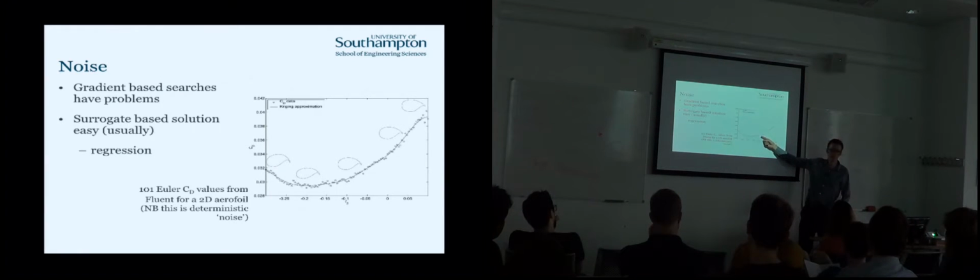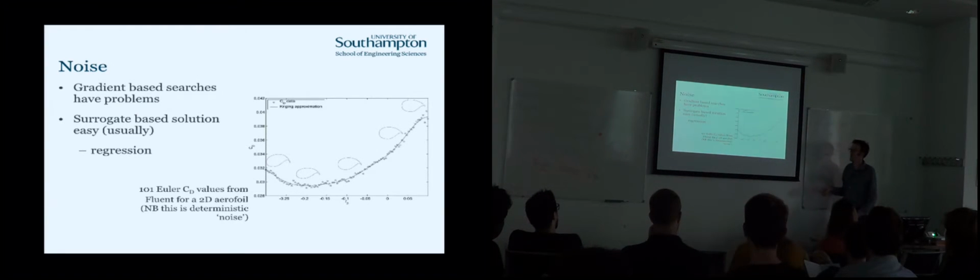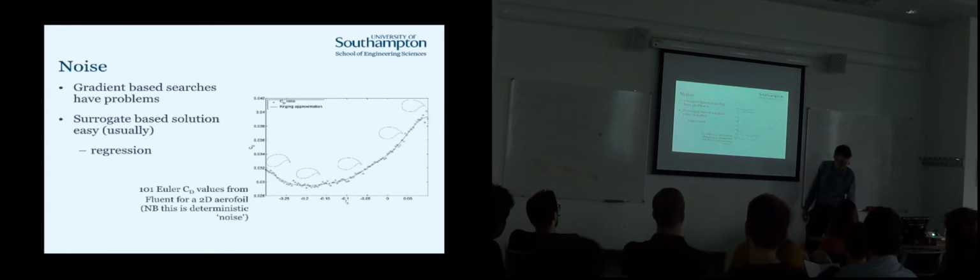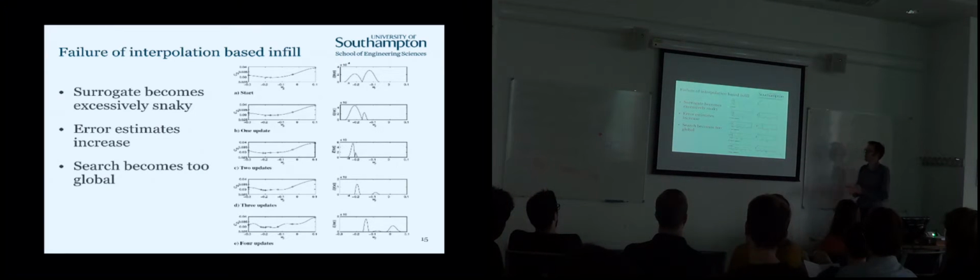If you've got an adjoint solver, you can, but if you're just trying to do finite differencing based on a couple of computational fluid dynamics simulations, the gradients are going to be wildly inaccurate. So if we fit a smooth line through these data, a smooth surrogate model, your optimizer will then get on better with it.